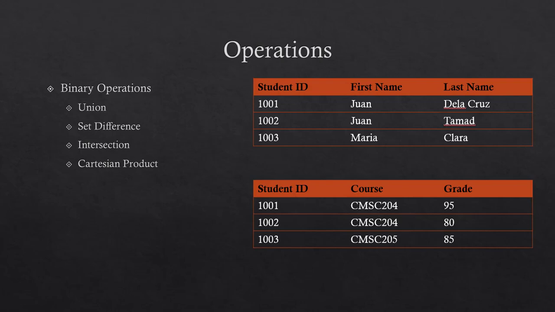Cartesian product, in summary, allows combining information from two relations. For example, we can have the combination of student ID from table 1 and then the grade column from table 2. So Cartesian product is basically an operation that defines a relation that gets concatenated for every tuple of a relation of each table.